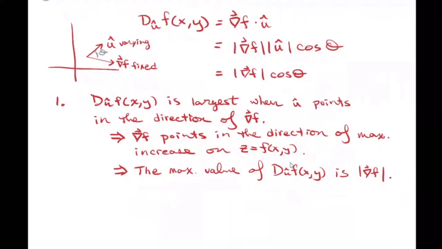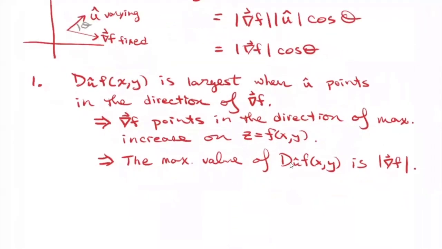So D_u f at (x, y) is minimized when u points where?